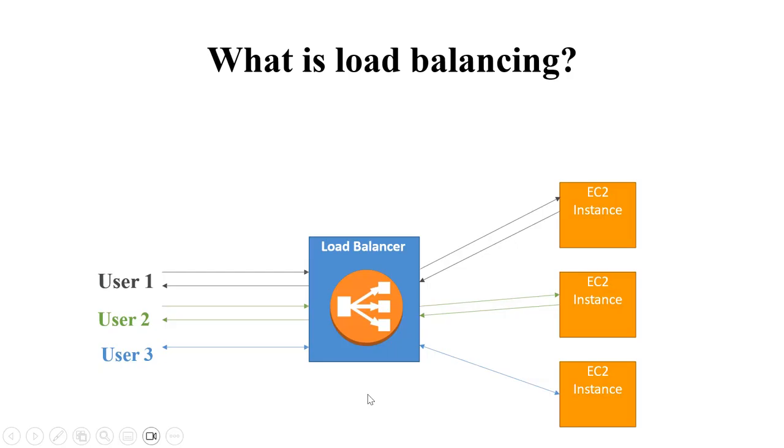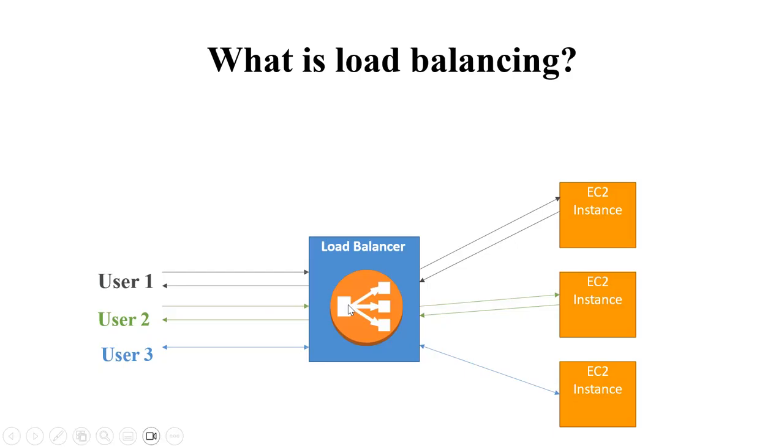Whenever we are configuring a load balancer, we need to keep two points in mind. First, how you are going to expose the load balancer to the user. That is the listener configuration. The load balancer listens for requests; that is the listener.